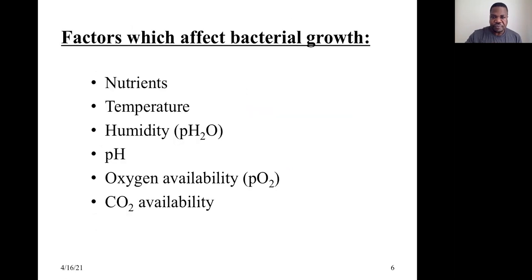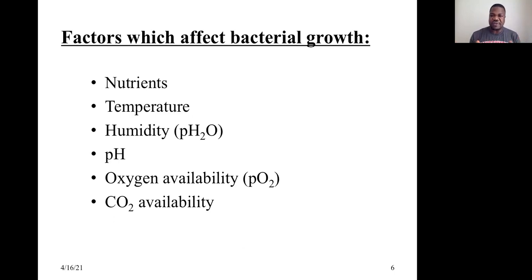Okay, but there are a number of factors which affect the bacterial growth. Among the factors that affect bacterial growth, we have the type of nutrient, the temperature, the humidity, the pH, the oxygen availability, so the partial pressure of oxygen, and the CO2 availability.